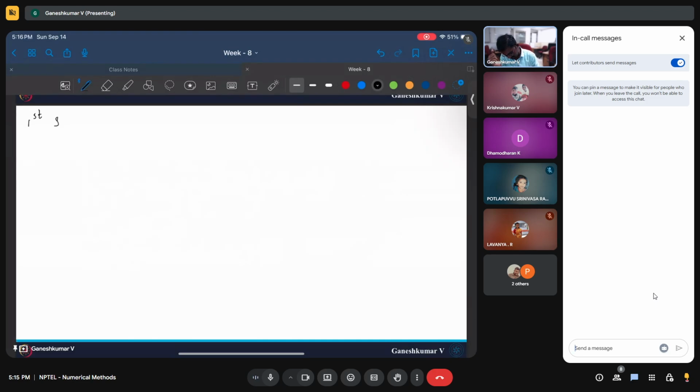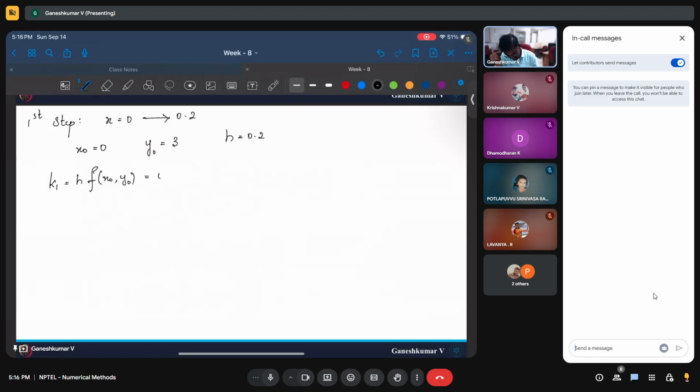So the first step, as I said, we are going from 0 to 0.2, and x naught is 0, y naught is 3, h is 0.2. Let's evaluate k1. K1 is h times f of x naught y naught. This we already know.